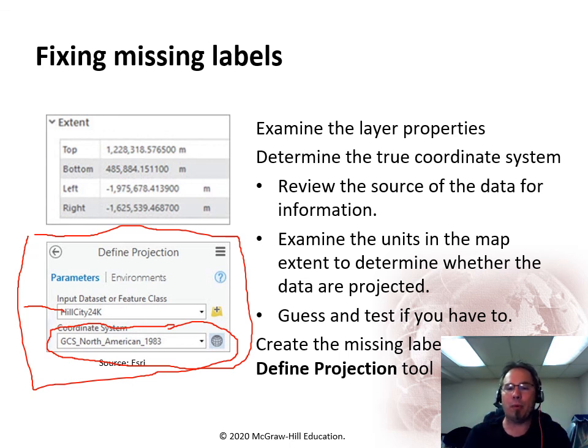Keep it simple. Once it's in NAD 83, as it is in this example, then you run the Project tool to get it the rest of the way. So let's say, for example, I have some DNR data. I screwed it up somehow, it doesn't matter. I go to my Define Projection tool, I go NAD 83.